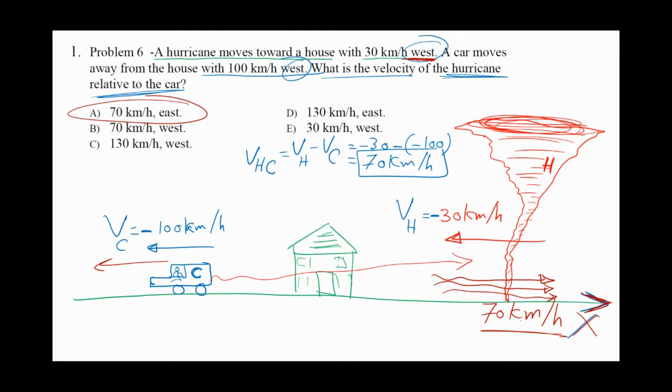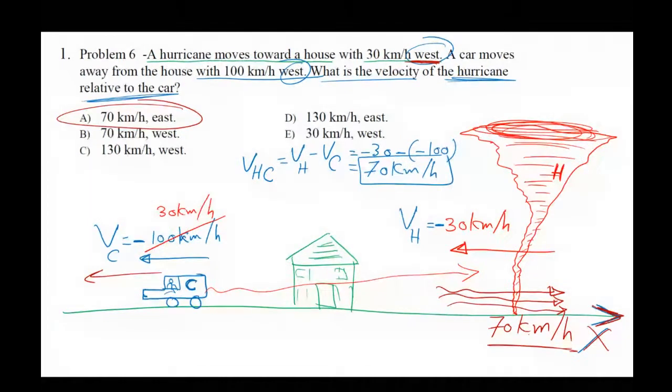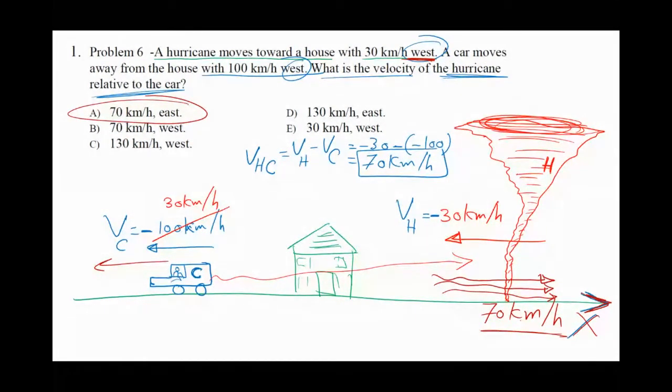Do you understand this problem? Let me try to change it a little bit. What if the speed of the car is 30 kilometers per hour? What will happen? The speed of the car is the same as the speed of the hurricane, so the relative velocity will be 0.